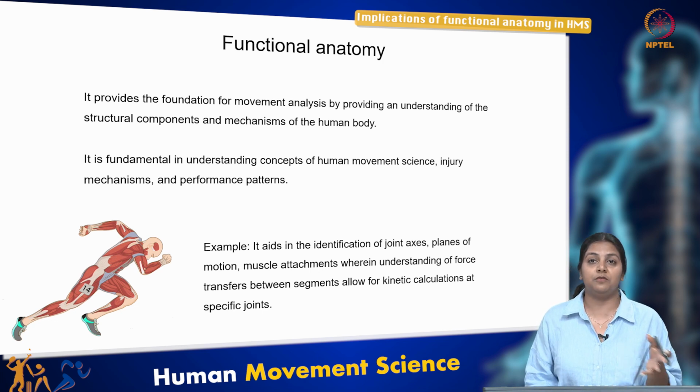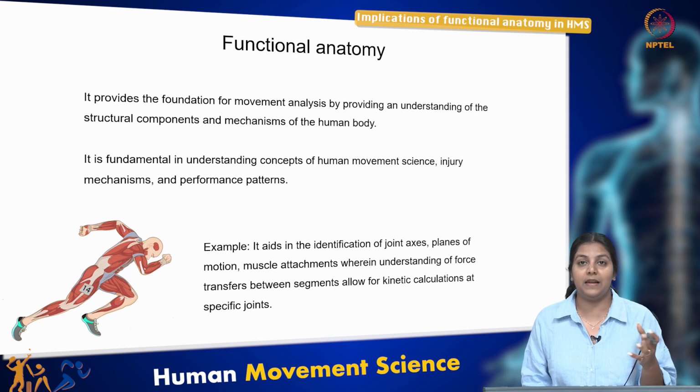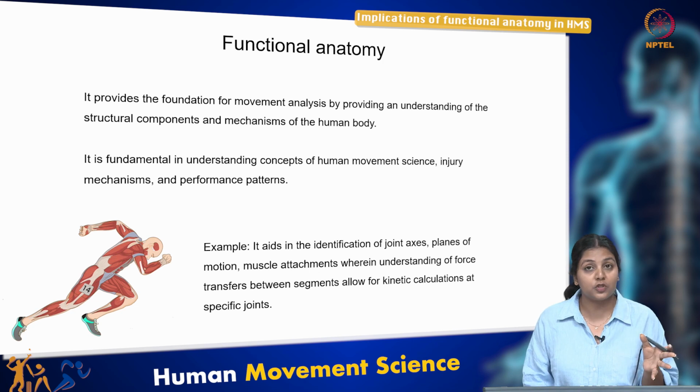We've looked previously at how joint actions are involved, how it depends on the type and nature of the joint. So it helps us identify joint axes, planes of motion, muscle attachments, wherein understanding of force transfer between segments is quite important for us for kinetic calculations at a specific joint.